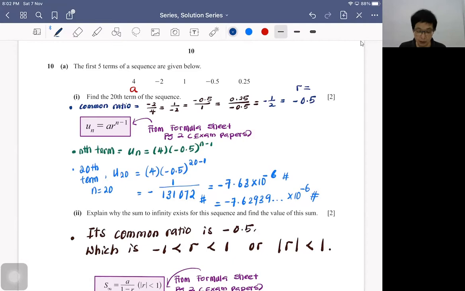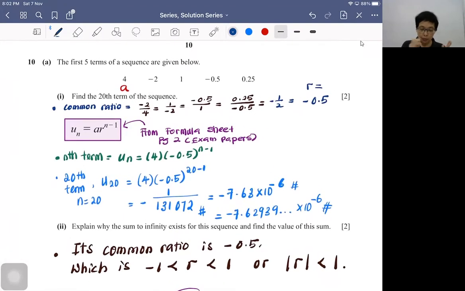But for this series, we notice that it goes from positive 4 down to negative 2, and then up to positive 1, and so on. Then you know that you can confidently rule out arithmetic progression.